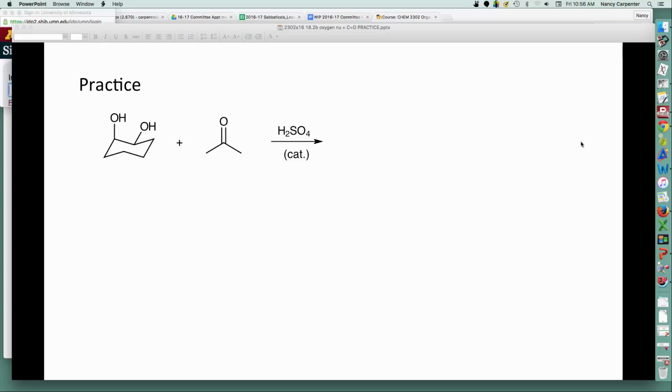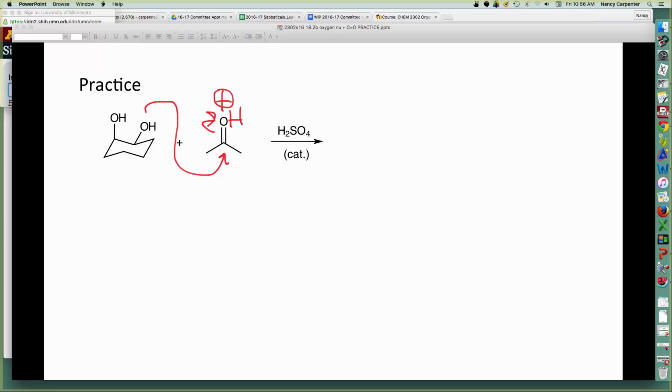How about these? Well, okay. It's very similar, right? I have the same kind of ketone and I have a similar diol. What's going to happen here? Now, I'm going to think mechanism without actually drawing the whole darn thing. But basically, I know this is going to get protonated. And it makes sense that that's going to react with that.